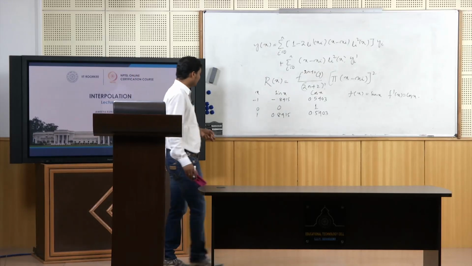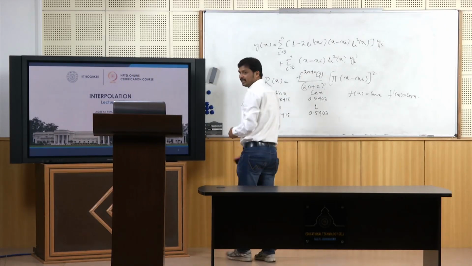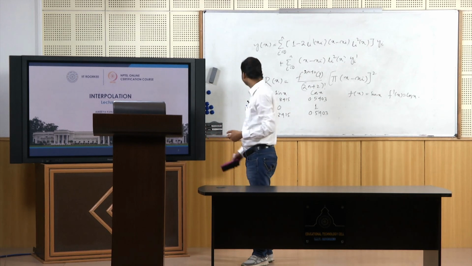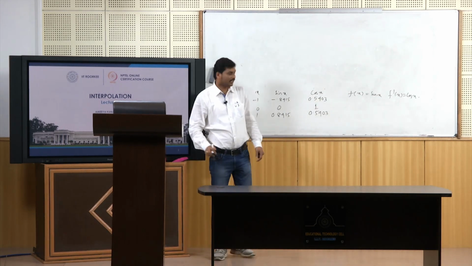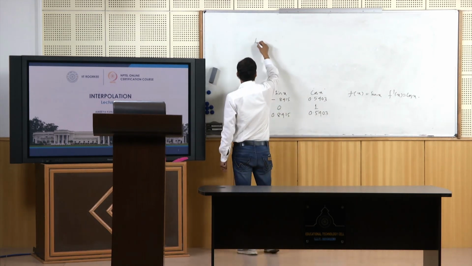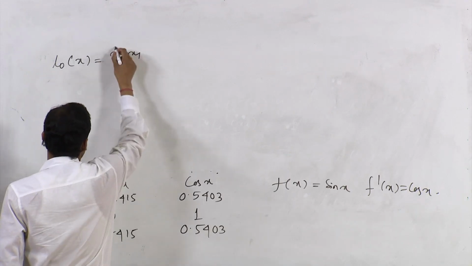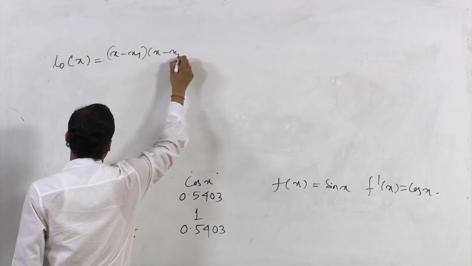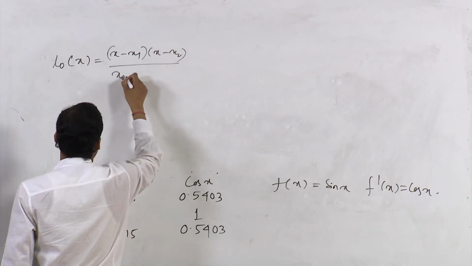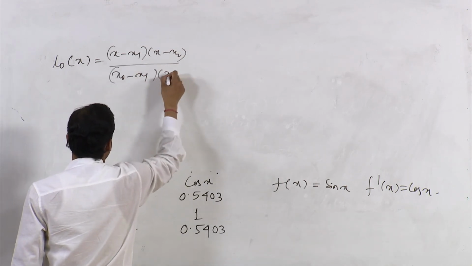So first we have to find L0 of x, which can be written as x minus x1, x minus x2 divided by x0 minus x1, x0 minus x2.